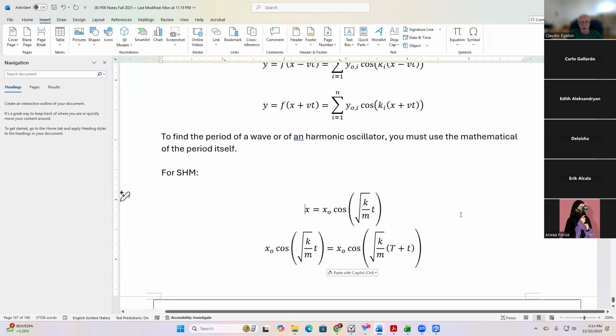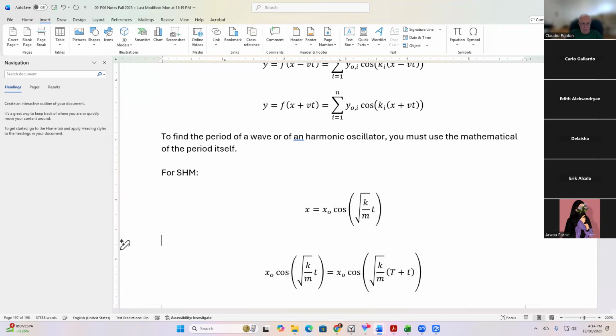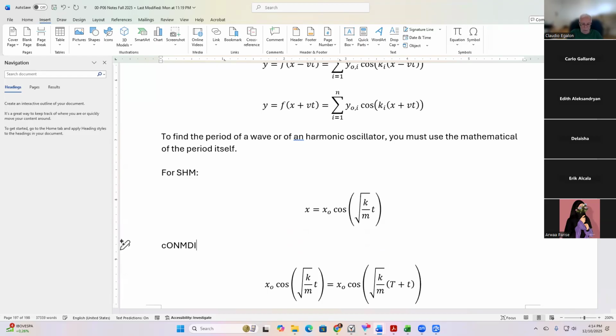That's the condition for the period of a simple harmonic oscillator.